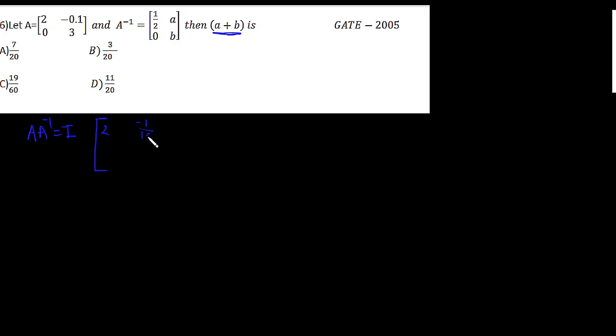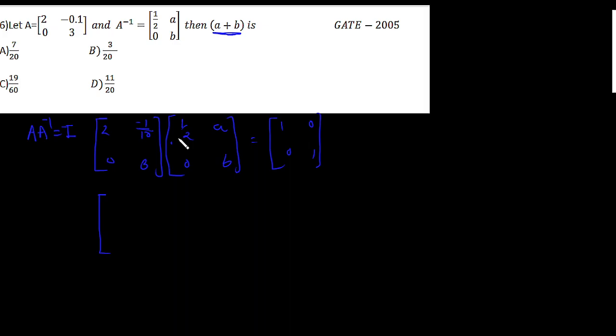We can write this decimal in the form of this fraction. Here is 0, here is 3. Let's multiply this A inverse. It's 1 by 2, it's 1, it's 0, and this equals the identity matrix of the same dimension. So let's do the multiplication of both matrices.